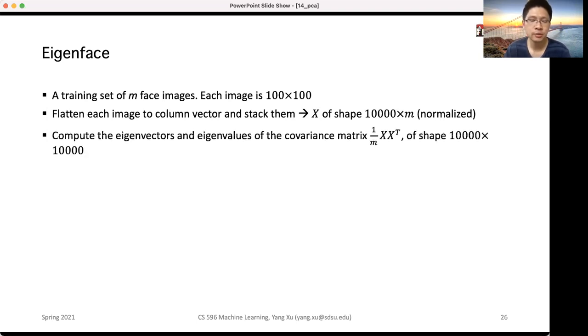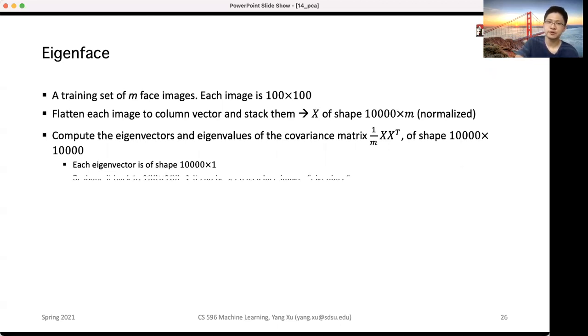So what we can do is compute the eigenvalues and eigenvectors of the covariance matrix, which is 10,000 by 10,000. Each eigenvector is also a 10,000 dimensional vector. If we get the eigenvector and reshape it back to 100 by 100, it can be seen as a face image.